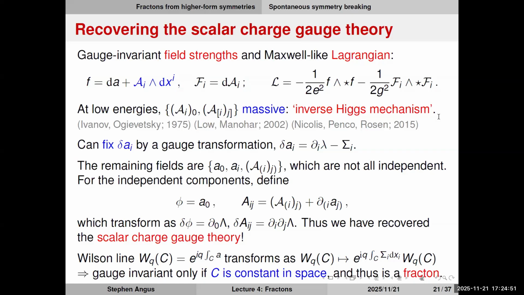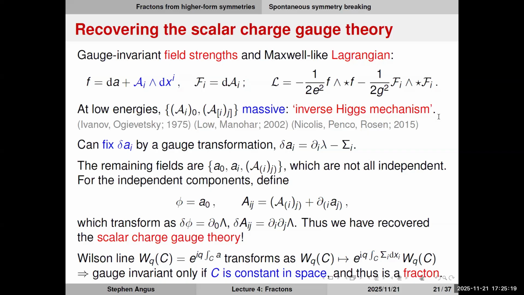These are not all independent, and the independent components are, we can identify this phi as a_0, and this capital A_ij as this symmetric combination here. And these transform under this ordinary U1 symmetry in precisely the way of the symmetric tensor gauge theory. So we've recovered this scalar charge gauge theory.